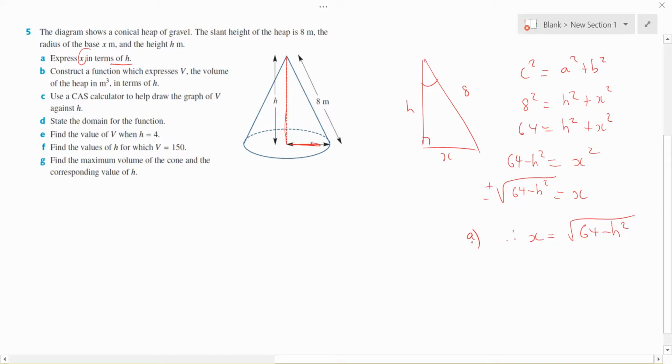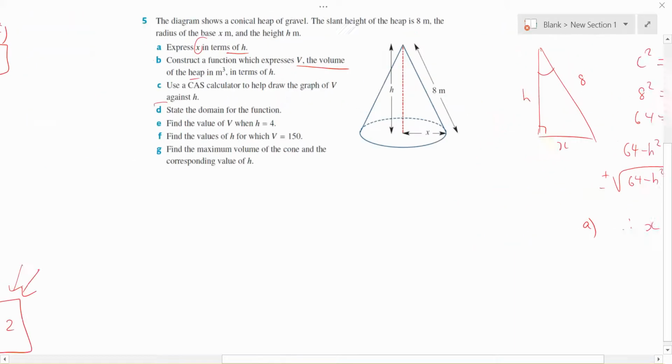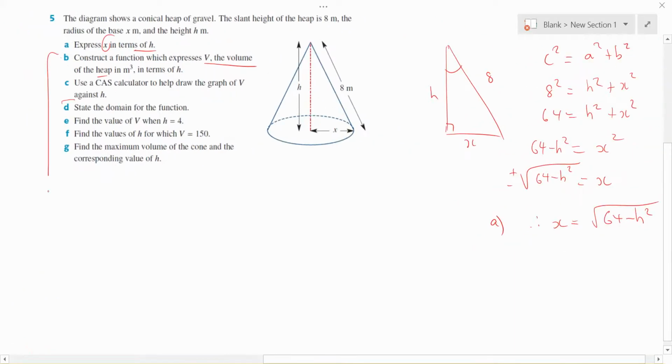Now the next part says, construct a function which expresses the volume of the heap in cubic meters in terms of h. Now this requires you, because it says the volume of the heap, which really is the volume of this shape, to know the volume of a cone. If you don't, search it up in Google. Hopefully you still remember from year 8 what the volume of a cone is.